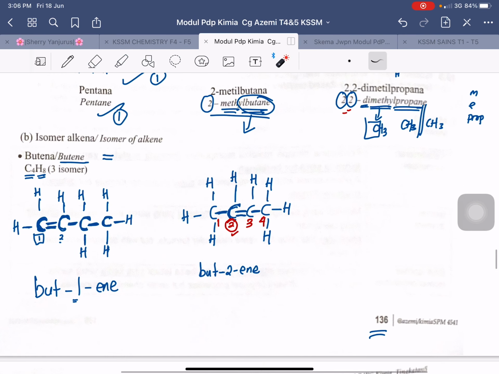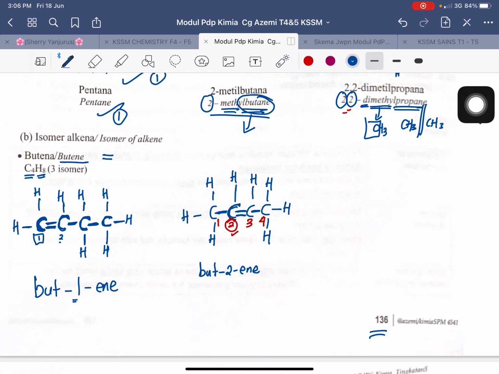Okay. So next, there are 3 isomers according to Cikgu Azami. So let us draw the third one. Okay, the third one. We have already moved its position around. If you change this one to here, it becomes the same again as this, but-1-ene. Okay, I'll tell you why.